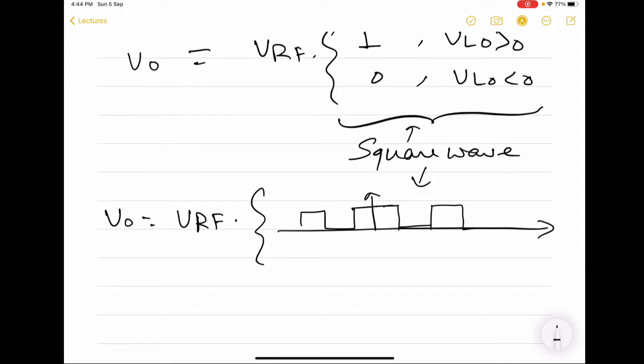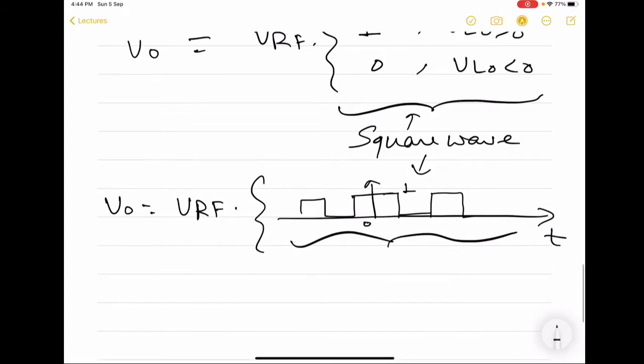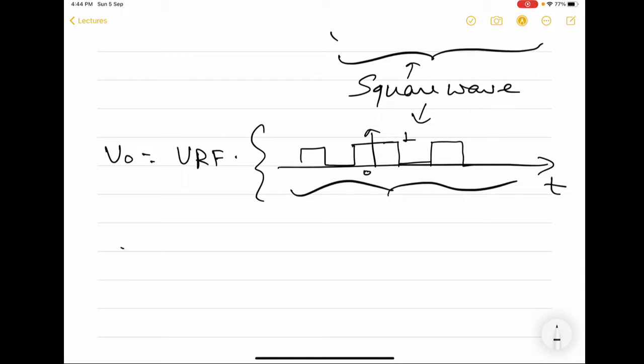I am showing here graphically what we have been writing up till now mathematically. The square wave is between 0 and 1. And we know that this square wave, in terms of Fourier components, has this mathematical expression.